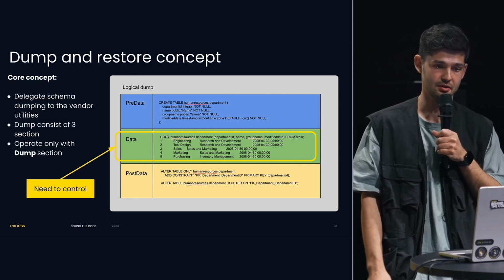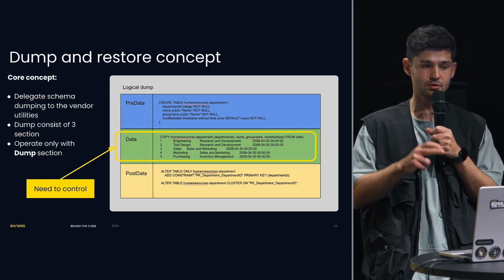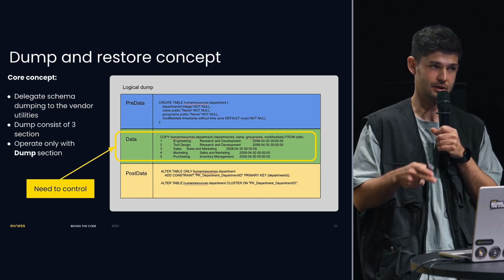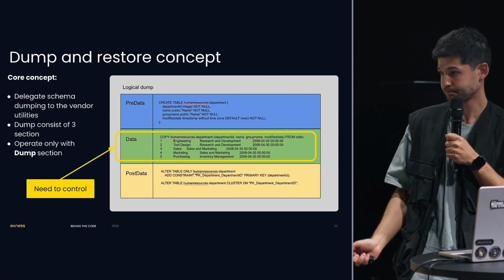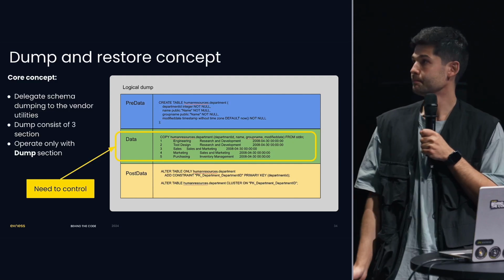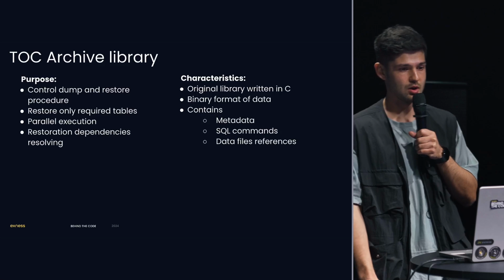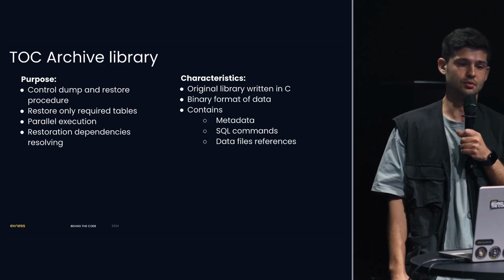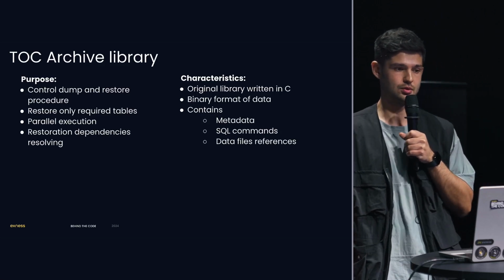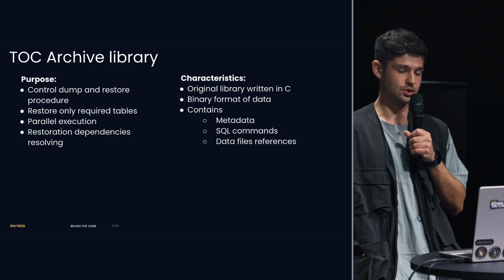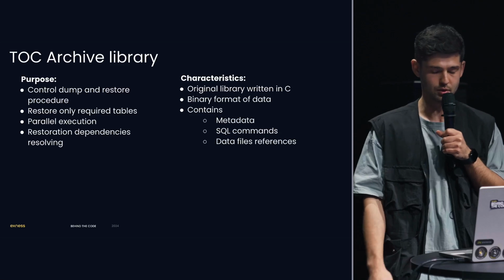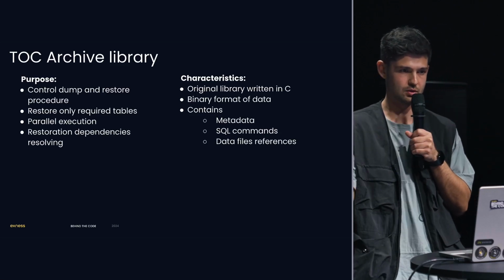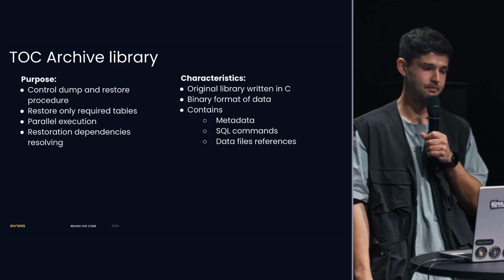And for implementing our solution as reliably as possible, it is better to focus on the data section. We just need to transform. We are not going to implement the logic that vendor utilities can do better. So that's why during our research, we found out that it would be fine to port the PostgreSQL library. I must mention that currently Greenmask supports only Postgres. That's why all of this context connects with Postgres.